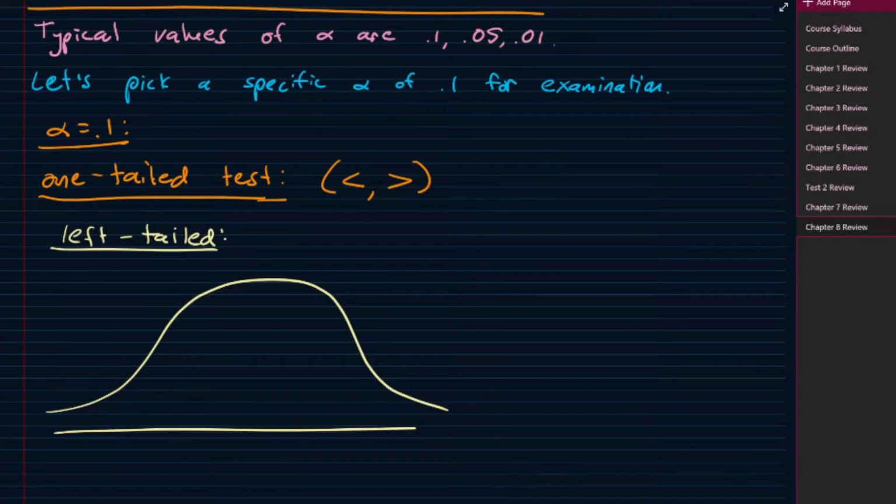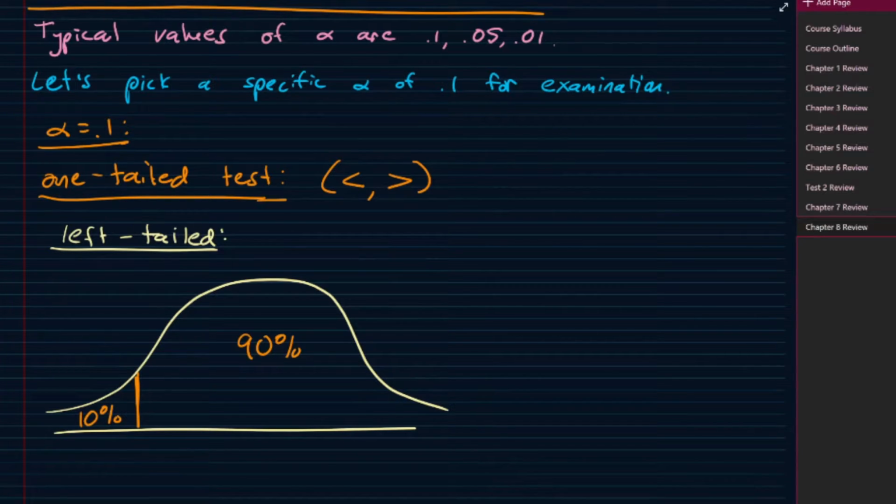That means the inner amount is going to be the other 90% of the data. And the left tail is going to represent 10% of the data.